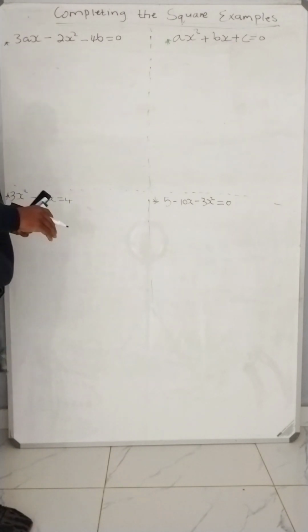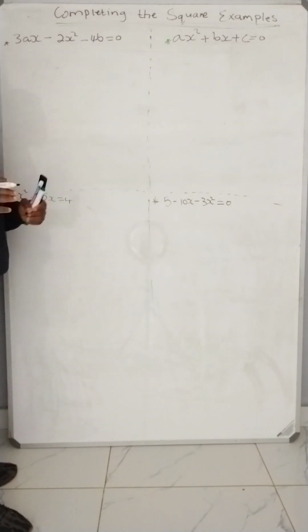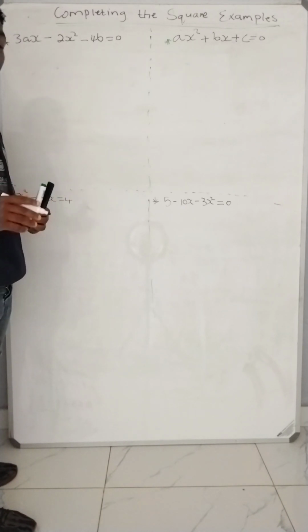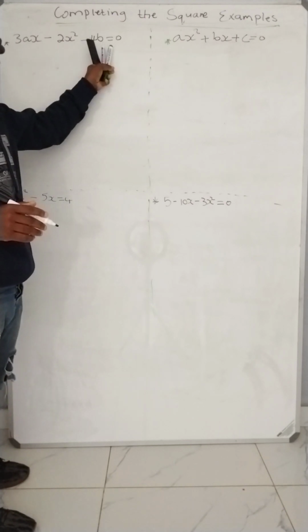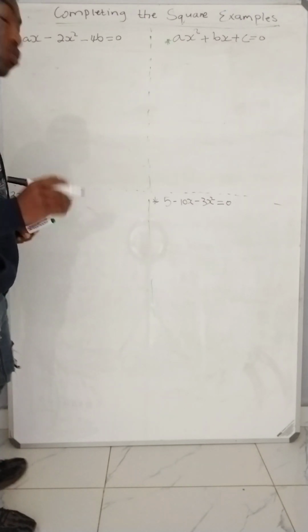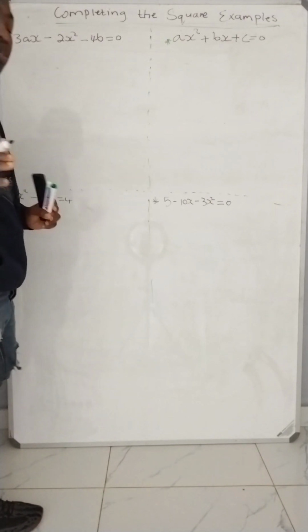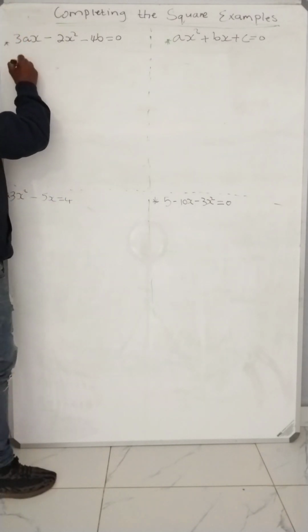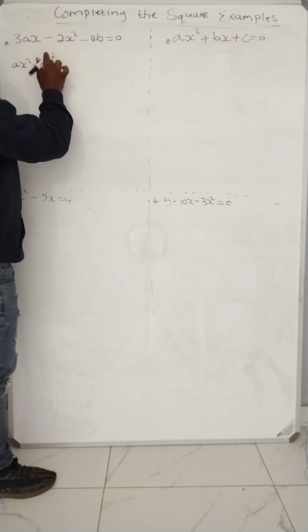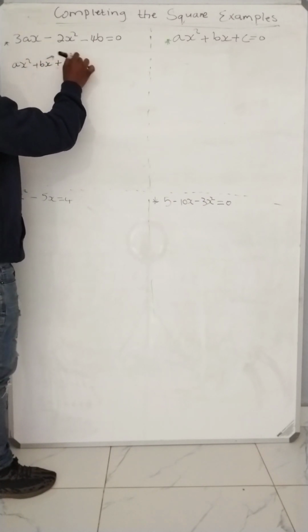So step number one is make sure that your quadratic equation is in standard form, that is, it equals to 0, right? For those of you who don't remember what a quadratic equation looks like, it looks like ax squared plus bx plus c is equals to 0.